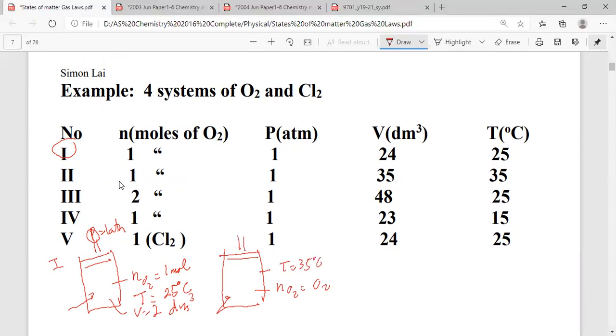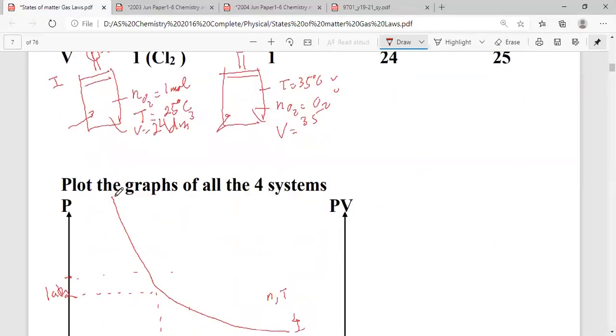Of course, at 1 atmosphere it will occupy a bigger volume because of expansion, Charles' law actually. The volume at 25 is 24, and the volume at 35 is bigger. I keep this constant and change the pressure up and down. So how will it look for Boyle's Law?